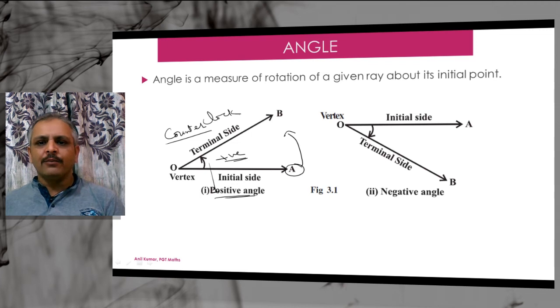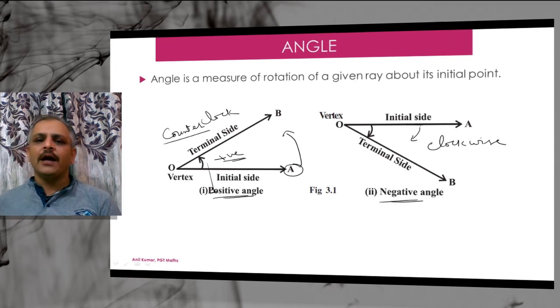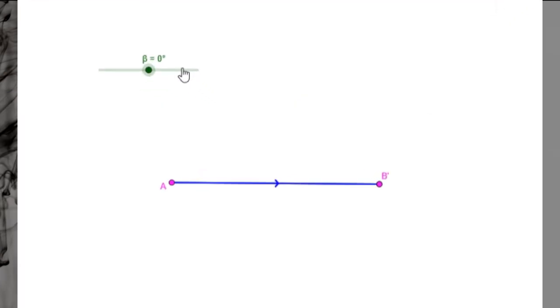And if I move from the vertex, from this initial side, in the clockwise direction, that will be treated as a negative angle. So this is the initial position of a ray. If I rotate it in the counterclockwise direction, that is the positive direction, you can see that my angle starts taking form, 35 degrees.